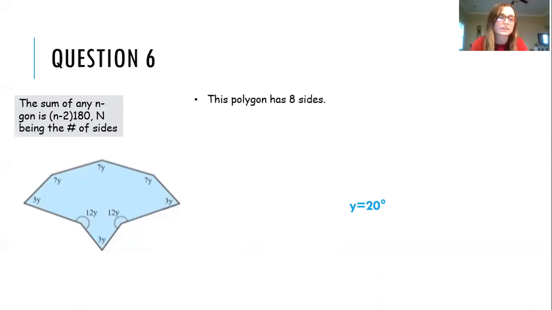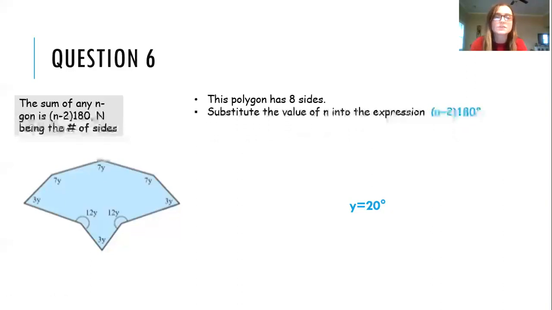So as you can see, this polygon has 8 sides. So after we know how many sides there are, we have to substitute the value of n into the expression (n minus 2) times 180.